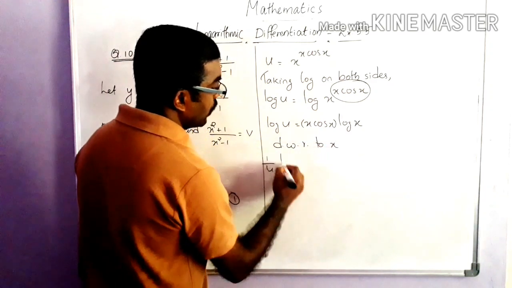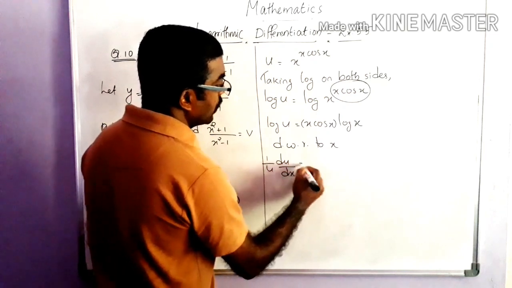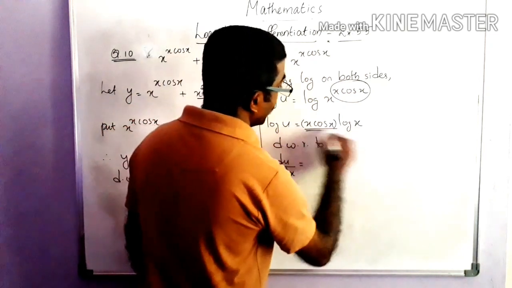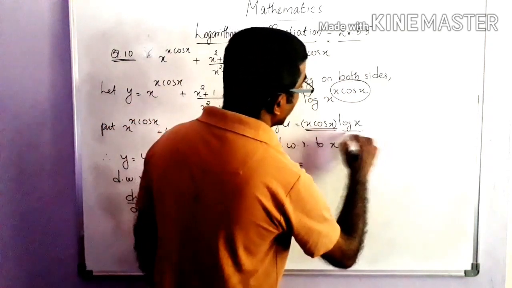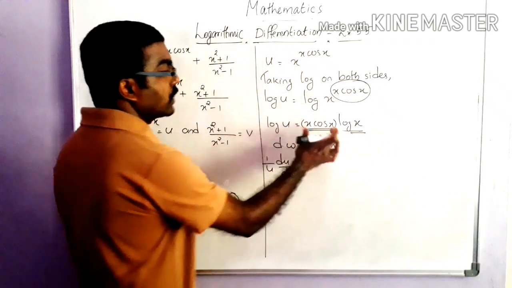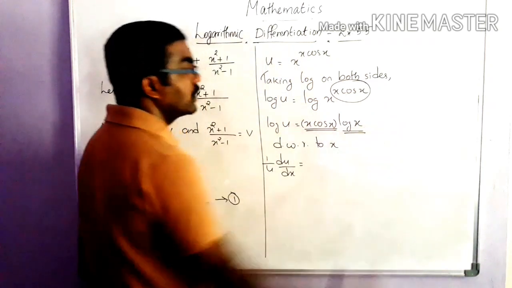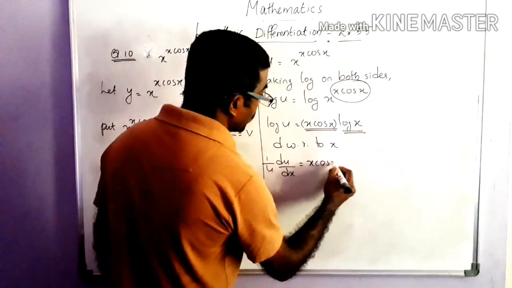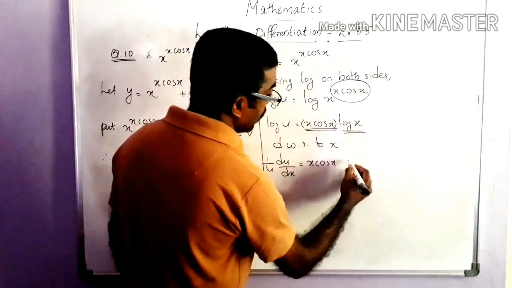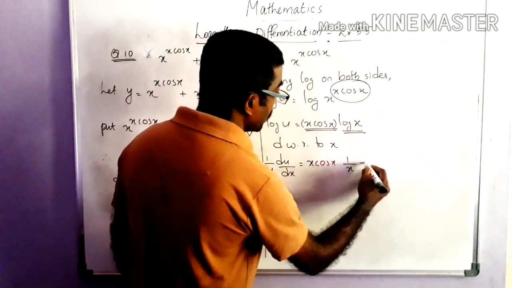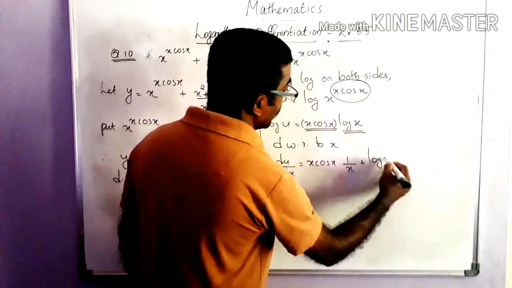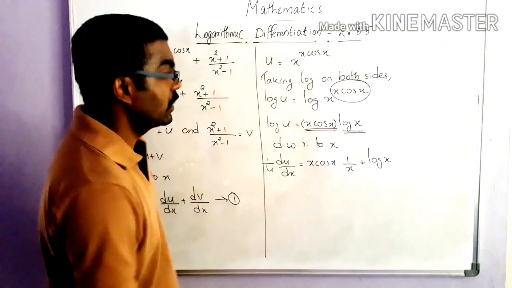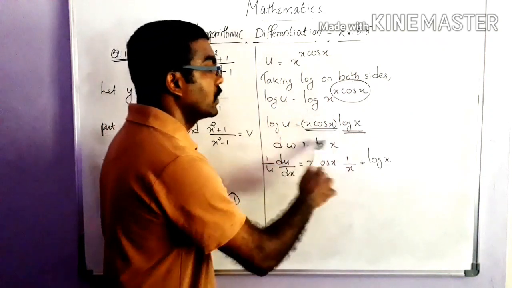So 1 by u into du by dx is equal to, here product rule, this time we can take it as u and the log x is v. Okay, so x cos x is the first function and log x is the second function. So first function x cos x into derivative of second, log x derivative we know 1 by x, then plus log x into derivative of first function, that is derivative of x cos x.